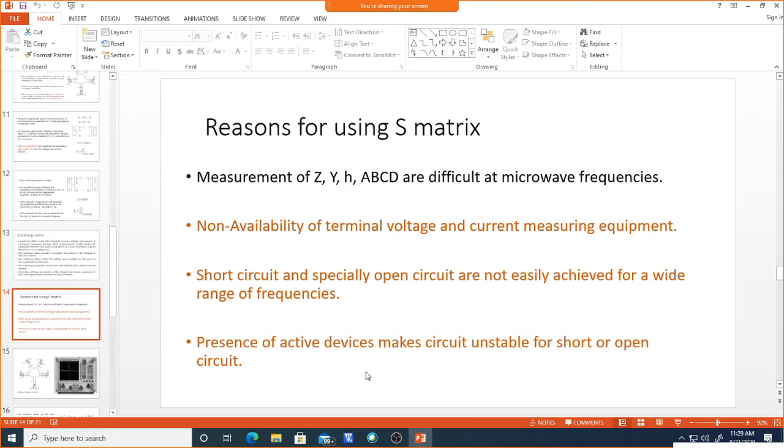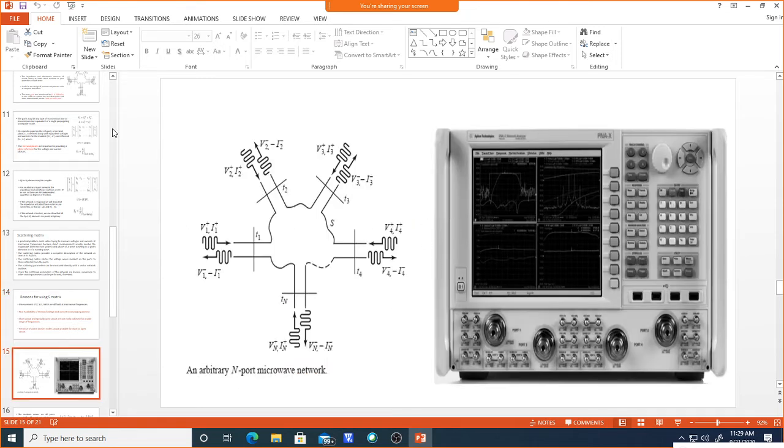That's why it is very difficult to measure. Because of these reasons, we need a scattering matrix, which we can measure directly from the power, from which the voltage and current are derived. Okay, so this is the device which we have seen earlier.